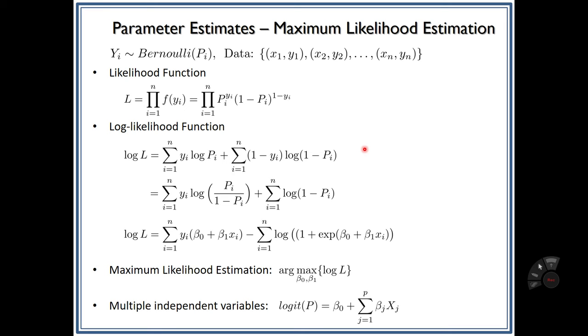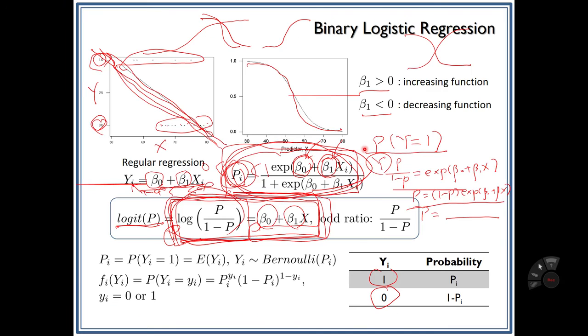Then because y can take just either 1 or 0, we can say that the y variable is a kind of random variable that follows Bernoulli distribution, where its parameter is pi. Pi is again the probability that y becomes 1, right?